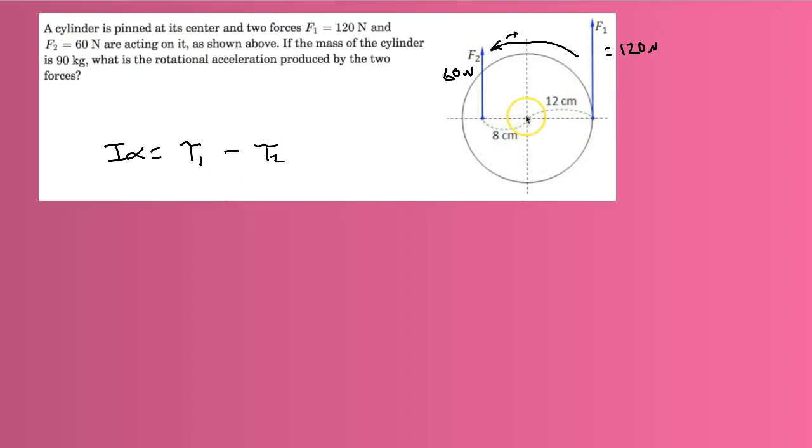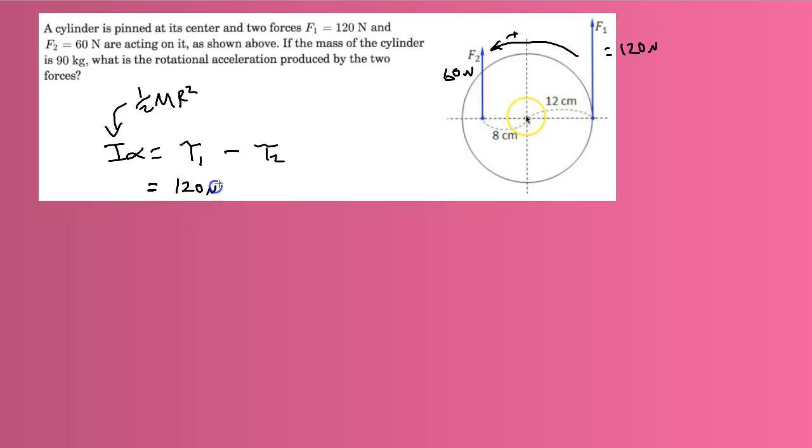We have a couple of steps to complete here. First, we have to figure out what I is, which for this is going to be 1/2 mr squared because it's a cylinder. Then we have to figure out what T1 and T2 are. T1 is F1 times R1, the 12 centimeters, where F1 is 120 newtons.